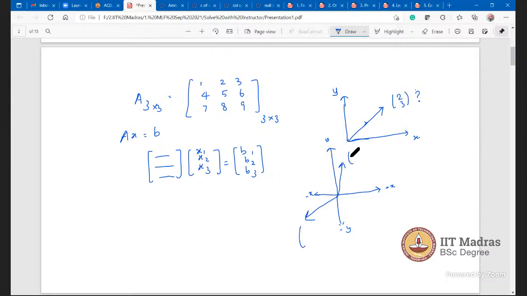For example, it may be 1, 5, and this can be -5. If you consider these two vectors, they are linearly independent of each other, but they are not orthogonal. Definitely they are not orthogonal. So that is the sense that you are referring to.